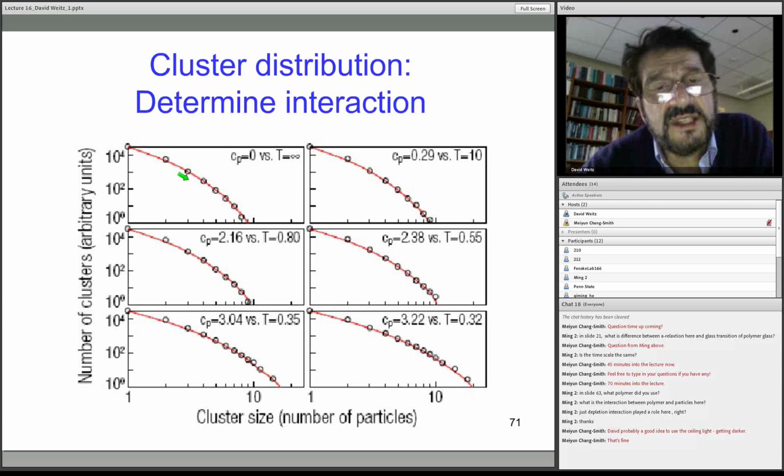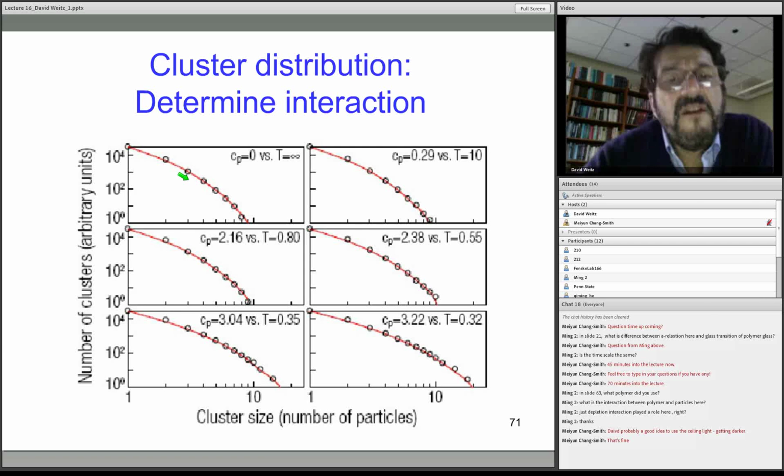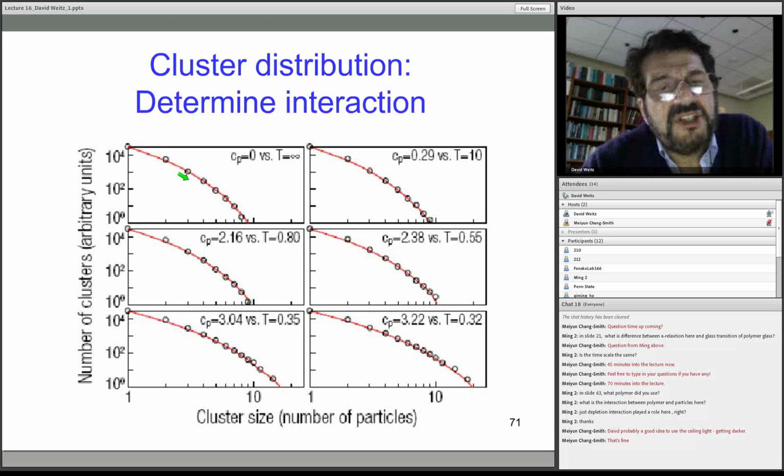What's interesting is that they do simulations for a variety of different interactions. It doesn't really matter what the shape of the interaction is. It only matters what the range and the amplitude, the depth of the interaction, are. So you can take any interaction shape that you want as long as it's fairly short ranged. So this is a way of very precisely determining a thermodynamic temperature, which you can't determine otherwise.